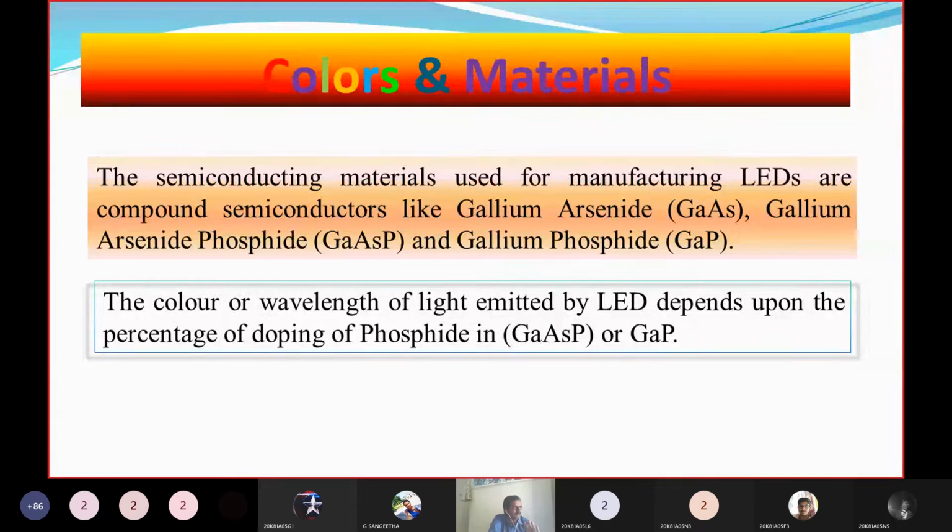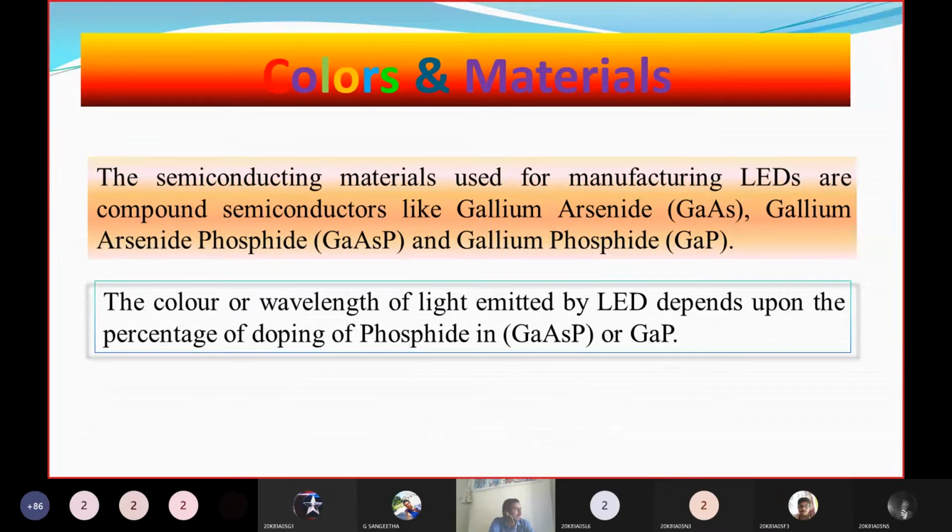Examples of compound semiconducting materials are gallium arsenide, gallium arsenide phosphide, and gallium phosphide.